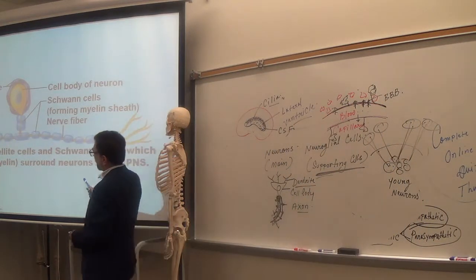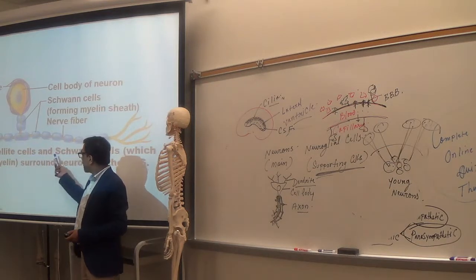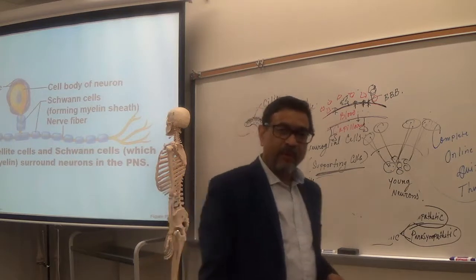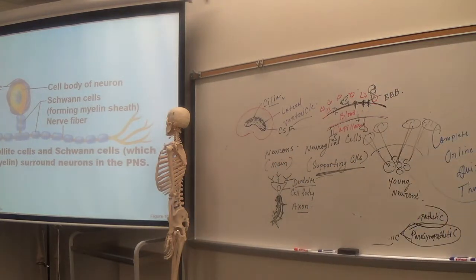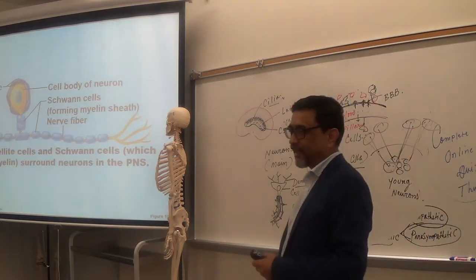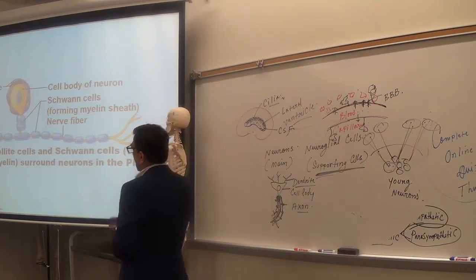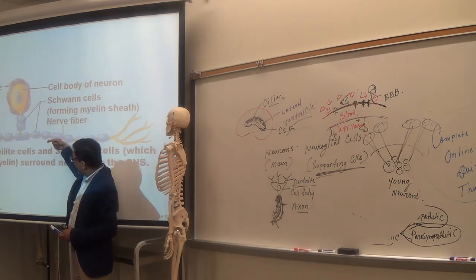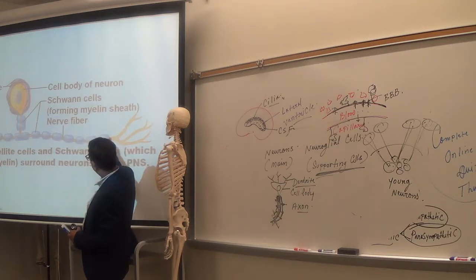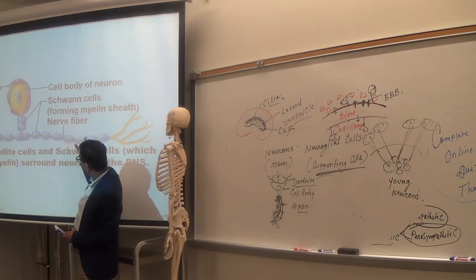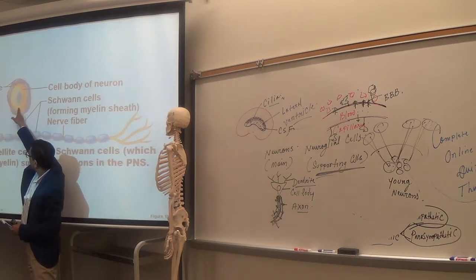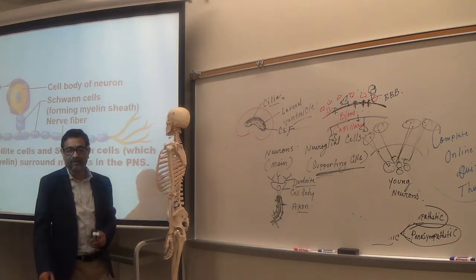Now, satellite cells and Schwann cells. These two types of neuroglial cells form insulation in the peripheral nervous system, PNS. Among these two, Schwann cells, these are Schwann cells, form insulation around the nerve fiber. And satellite cells form insulation around the cell body.